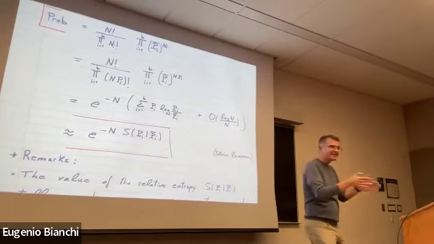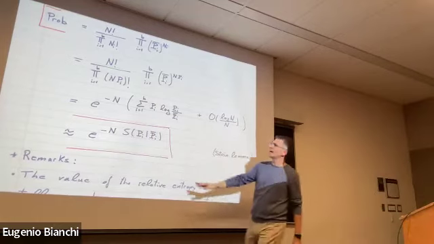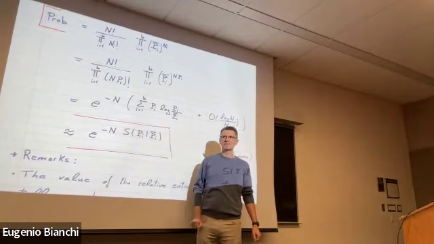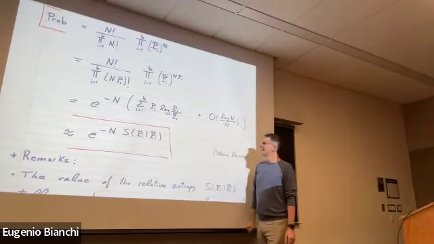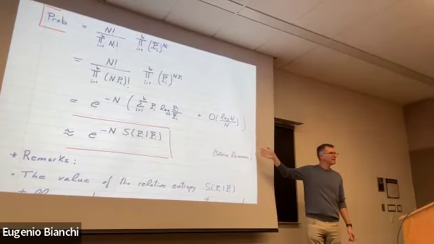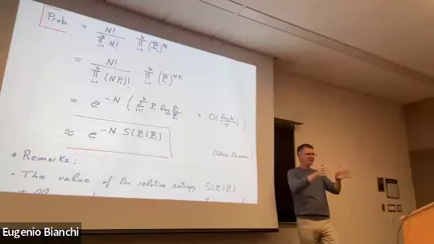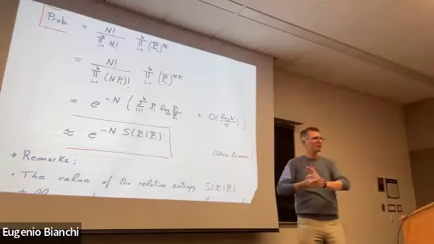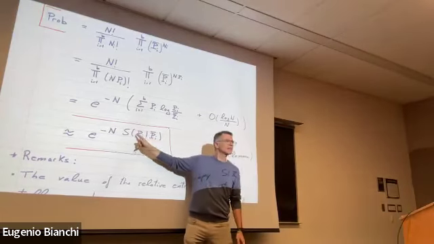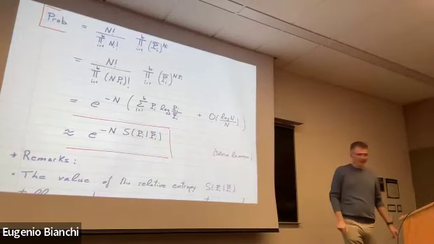The probability that that histogram appears is e to the minus number of nails times relative entropy. And this thing is important. It has a name. It's called Stein lemma. When you give a number, the relative entropy of this probability with respect to that hypothesis, what you are measuring is this asymptotic scaling.